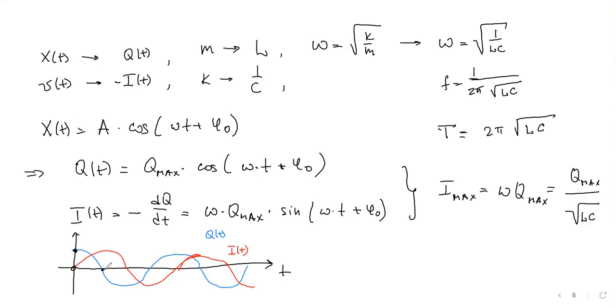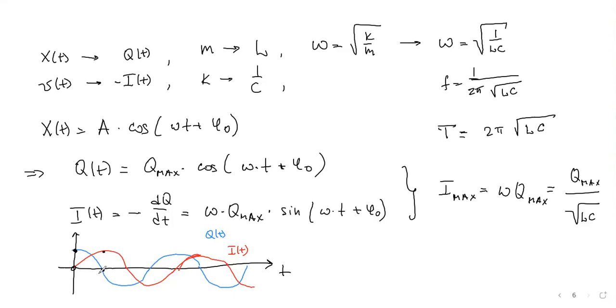When you have no charge on the capacitor, you have maximum current through the inductance. At this moment, the capacitor is not charged, but current cannot stop because it has inertia. It's like a simple harmonic motion going through the equilibrium.